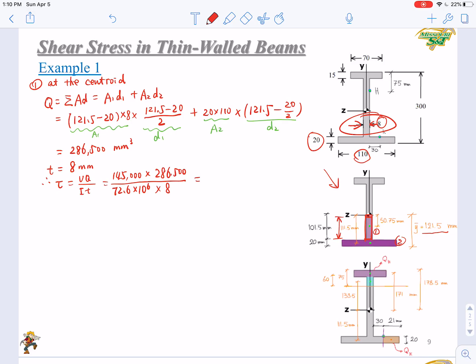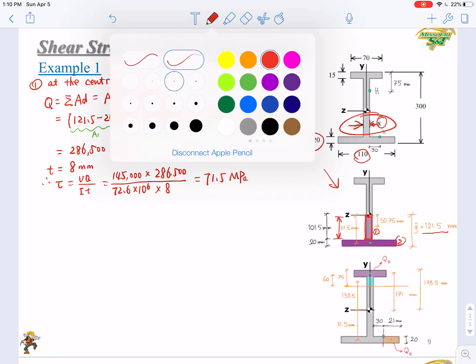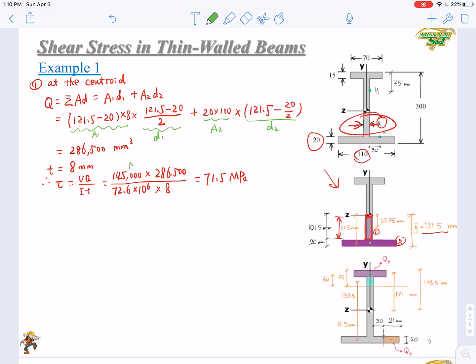So we get 71.5 MPa. Here the units are Newton and millimeter, so you get MPa.